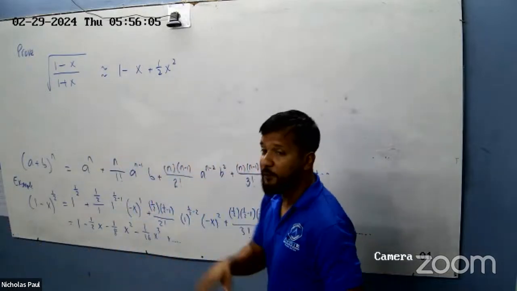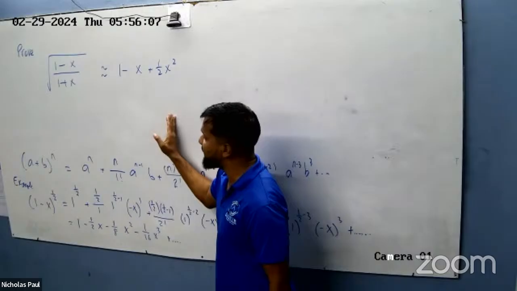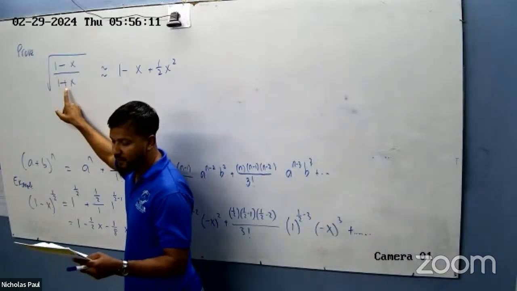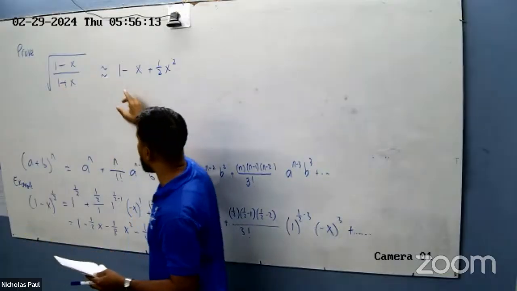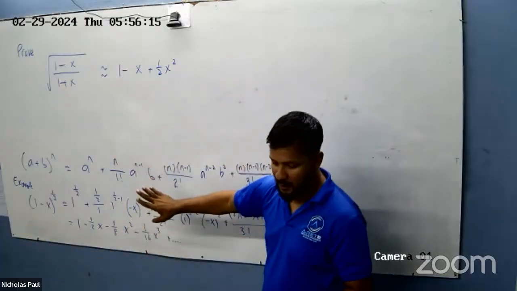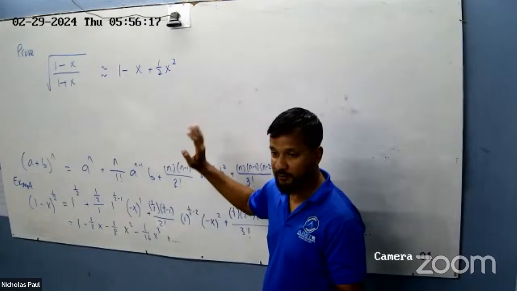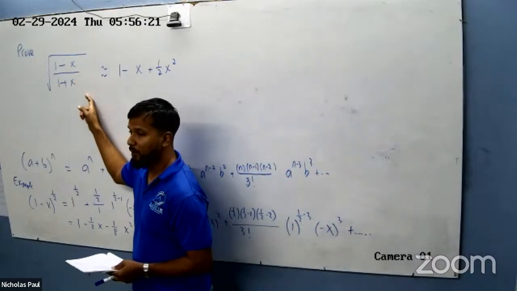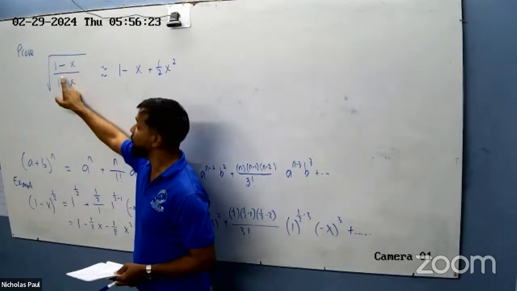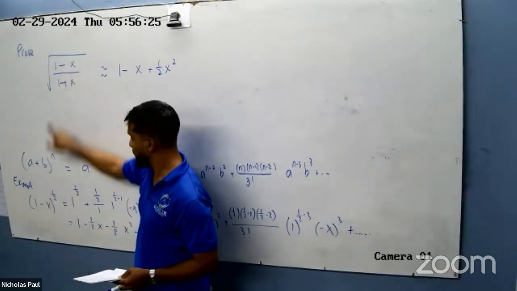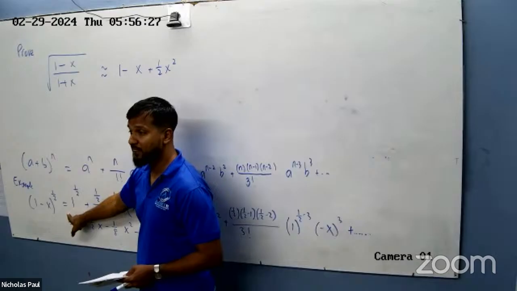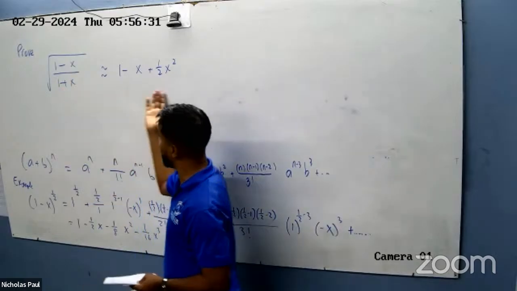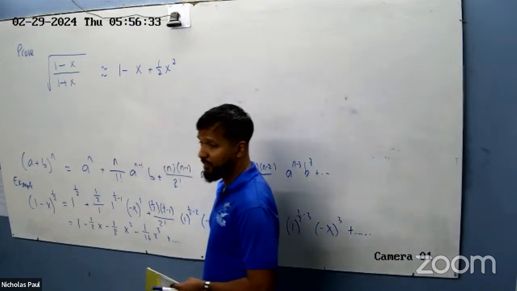Here's what they're doing. The question said that if x is small, all the terms x cubed and larger, we ignore. They want you to prove this. And you already have the numerator, so you have to work it out and see what it looks like.